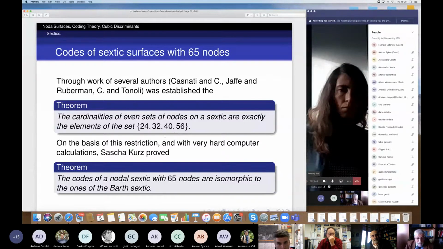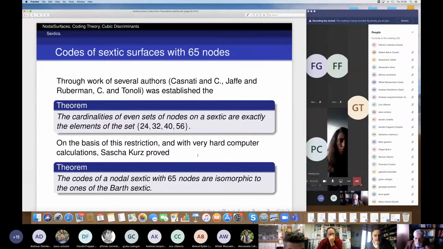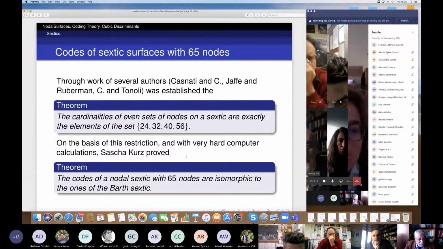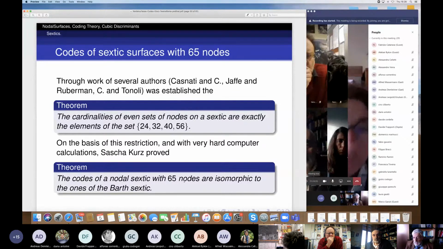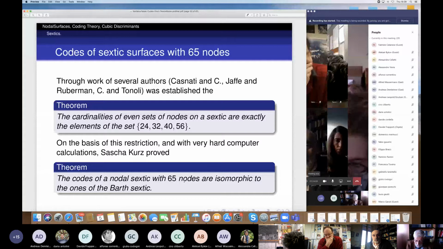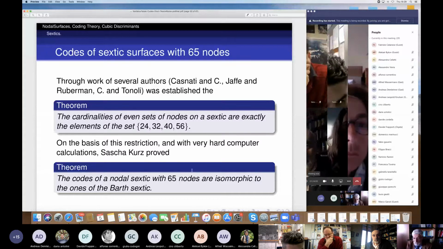And with this, and with a very strong Linux cluster and, I think, computer time of 1 year, Sasha Kurz and others proved that the codes of a nodal sextic with 65 nodes are isomorphic to the ones of the Barth sextic. So you see here, there's been projective geometry, topology, coding theory, but here now it comes hardcore.